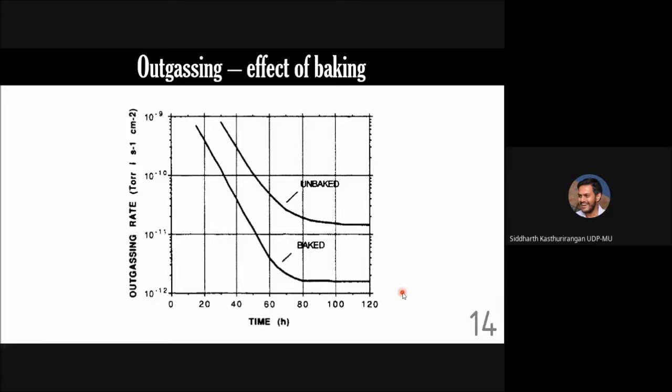The purpose is that if you vent the whole system with nitrogen gas, then when you actually open the system, atmospheric air which contains water vapor will deposit on top of the nitrogen layer which is already formed on the surface.